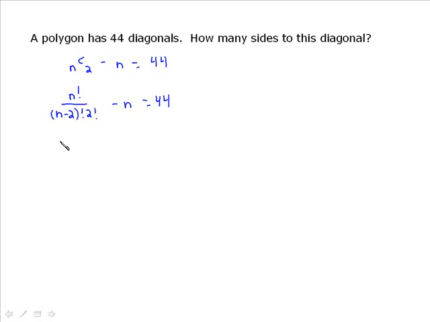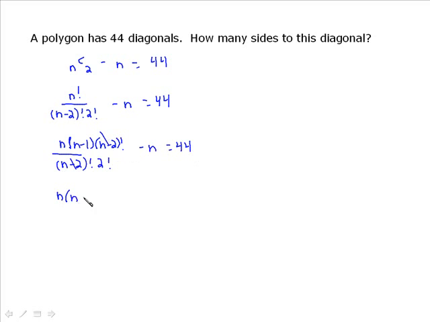If we simplify the factorial on the left, this becomes n factorial, times n minus 1, and then n minus 2 factorial. Expand until we can cancel. That's over n minus 2 factorial times 2 factorial, minus n is equal to 44.